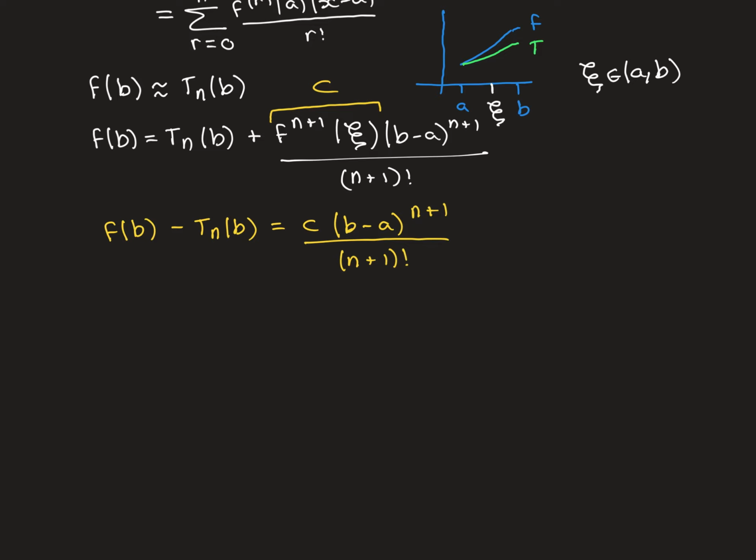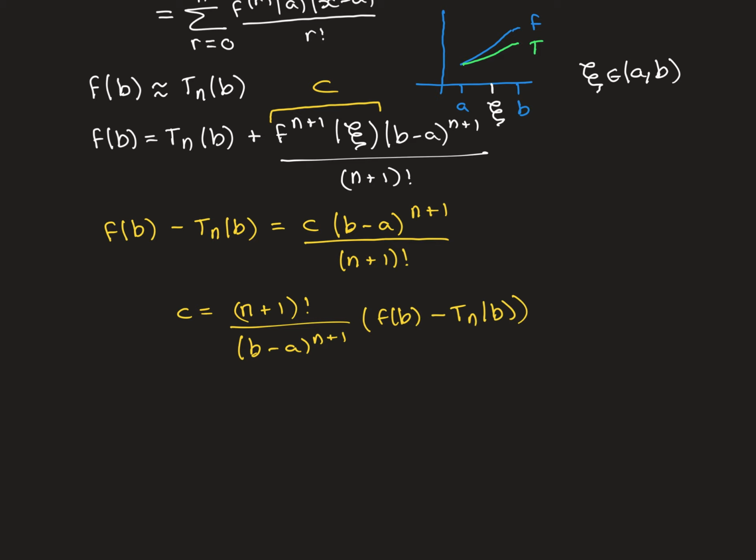So we can then rearrange this to get that c is equal to n plus 1 factorial over b minus a to the power of n plus 1 times f of b minus Tn at b.